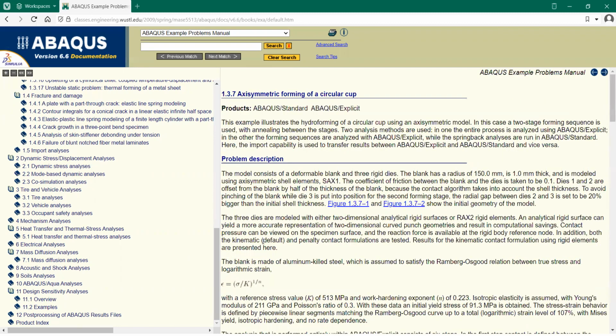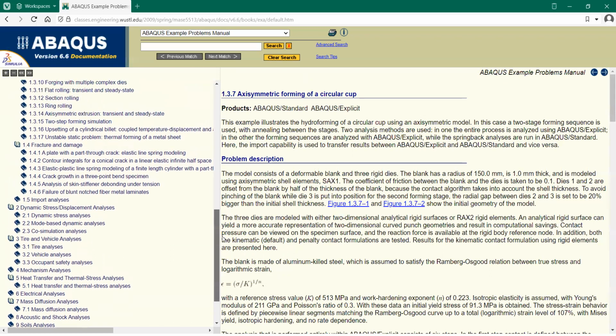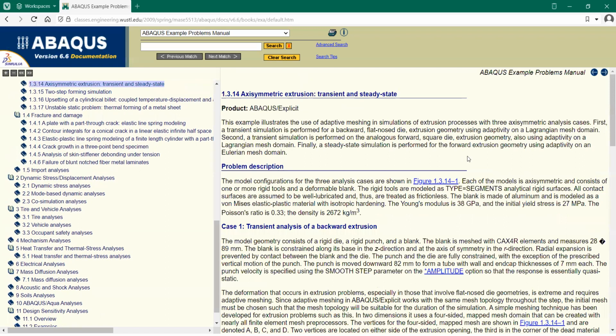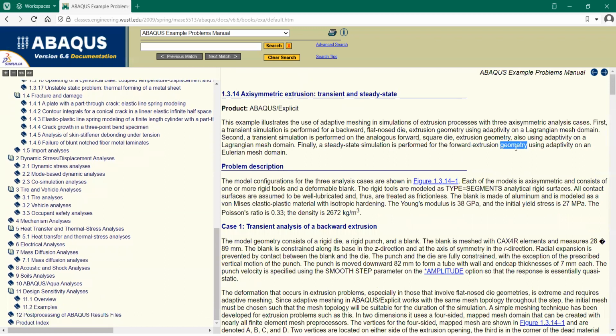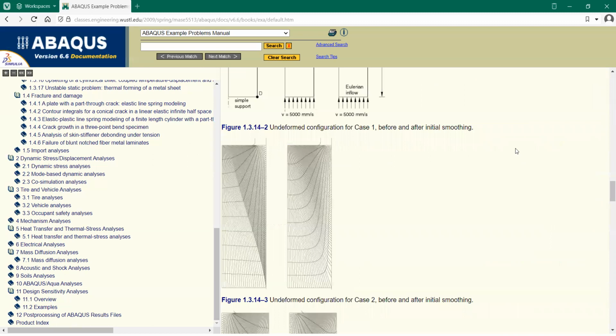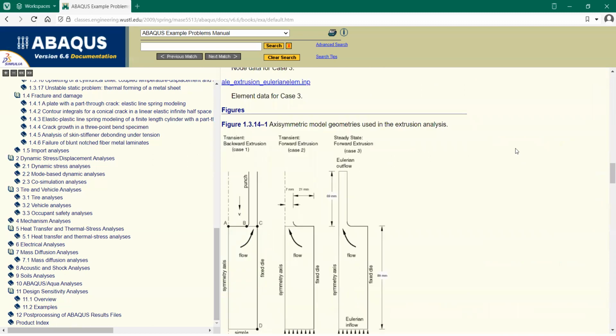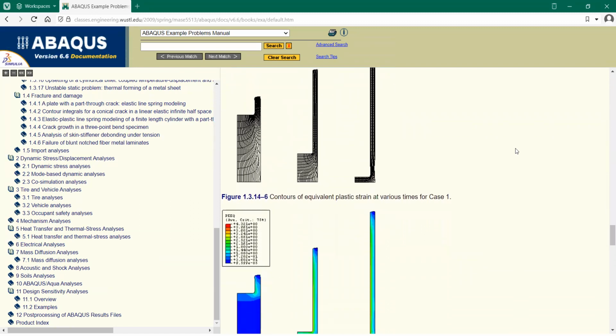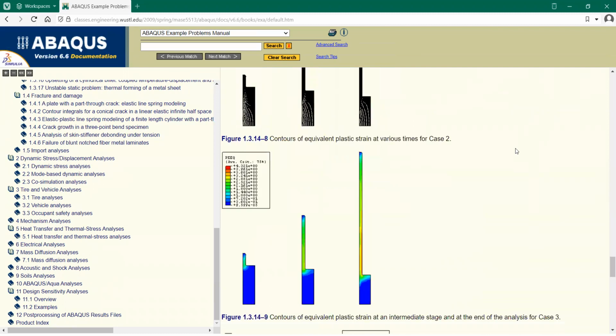Is there any other axis? One, axisymmetric extrusion, transient, steady state. Here we have transient backward extrusion, transient forward extrusion, steady state. So equivalent plane strain. We have the deformed mesh.